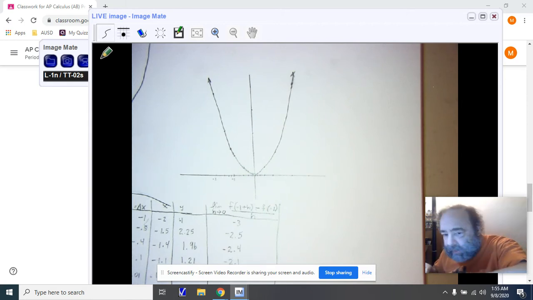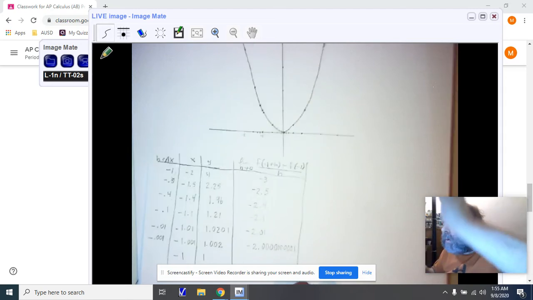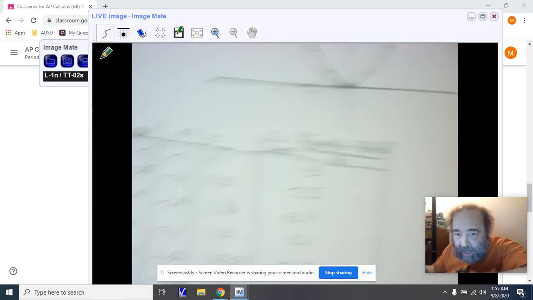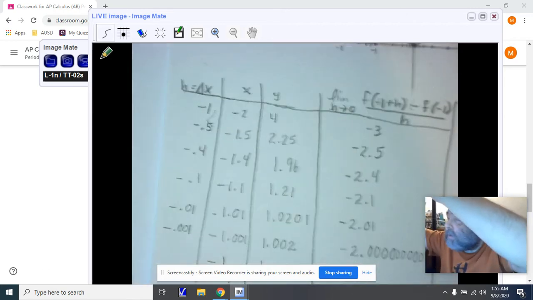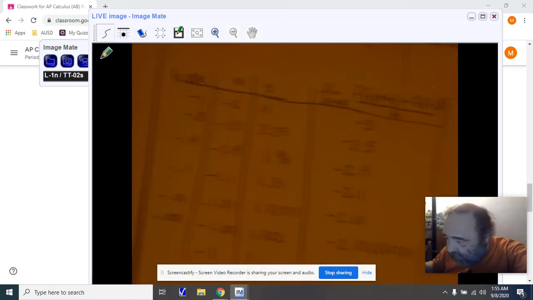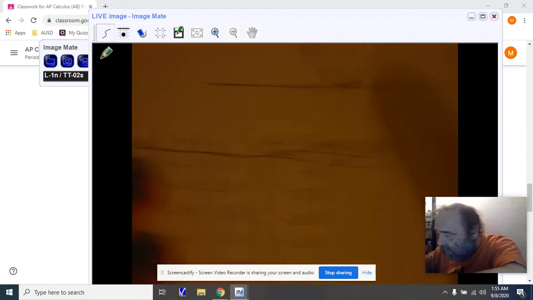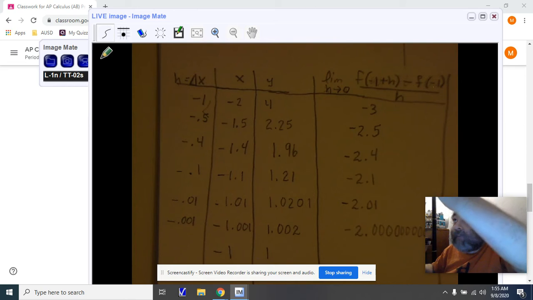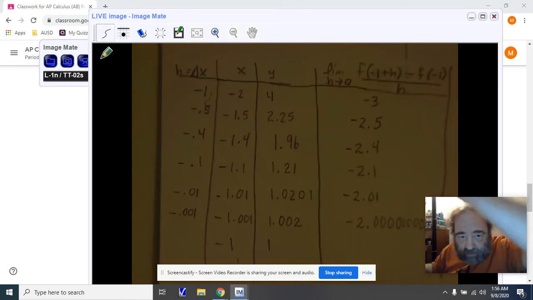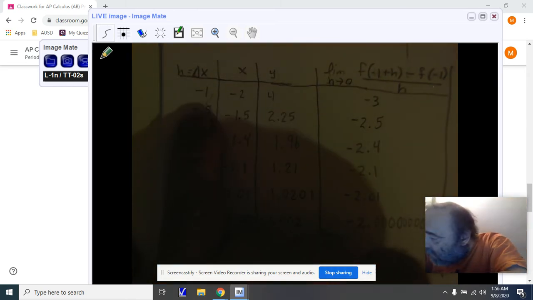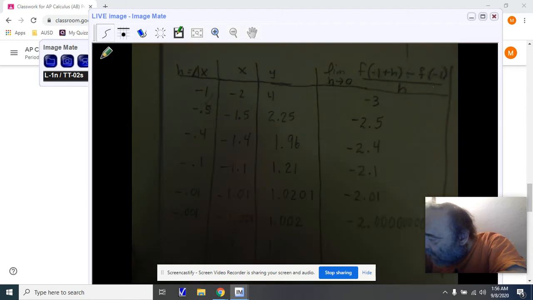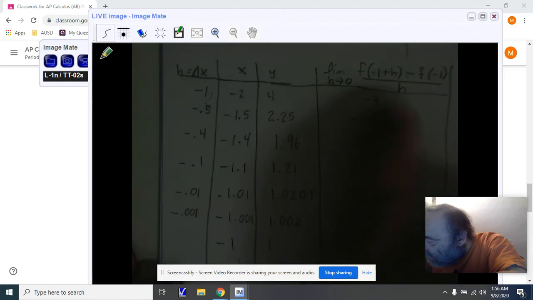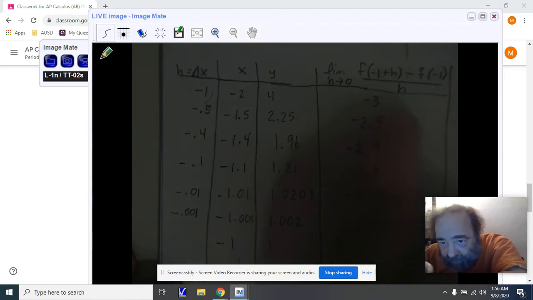Now, if you take a look at the numbers on this, you'll notice what's happening with my slope. I'm going to turn off this light right here so that you can see it clearly. I have found my delta x, and I found x and y for both -1 and -2, and I'm utilizing the formula of the difference quotient.